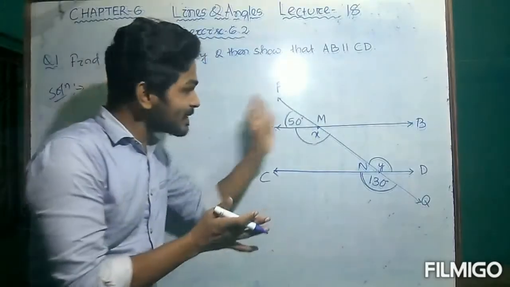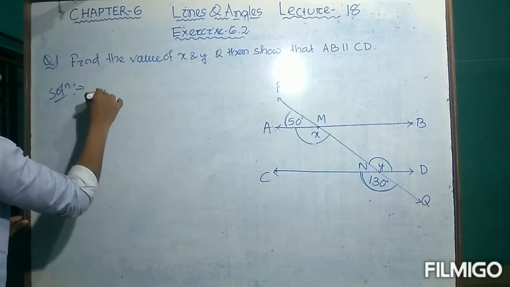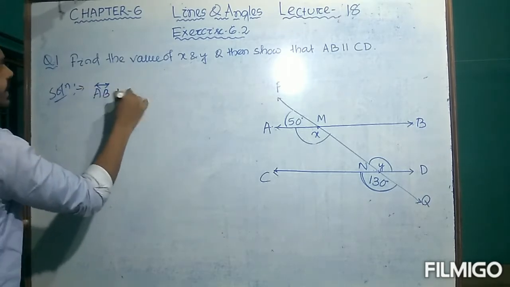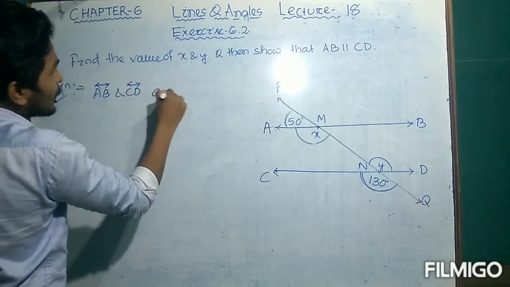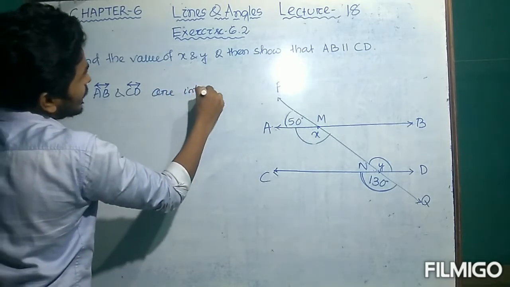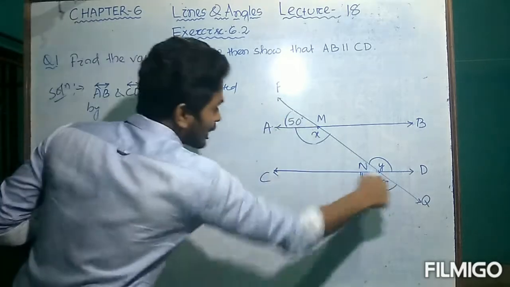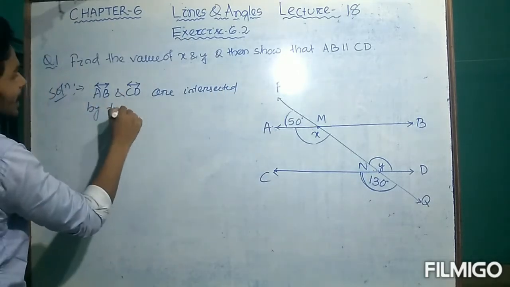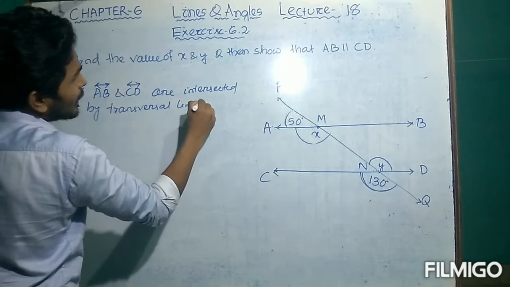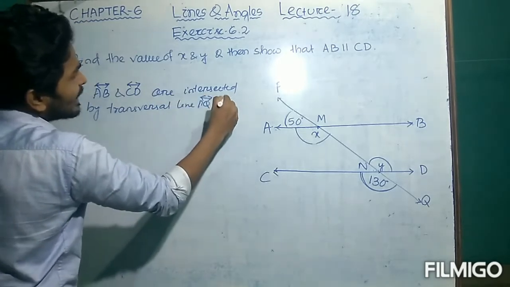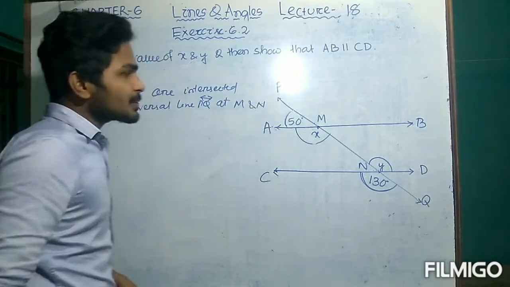Let us first write what is given in this figure. According to this figure, AB line and CD line are intersected by the transversal line PQ at M and N. Understood?